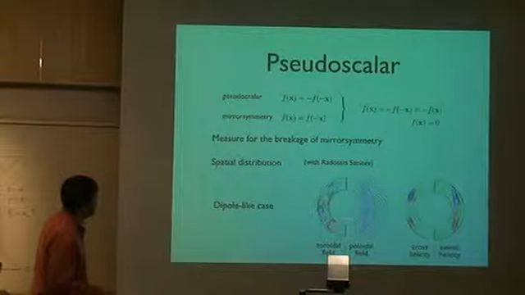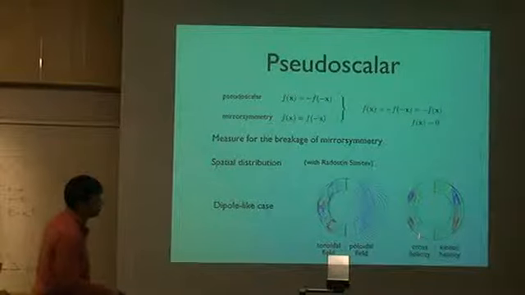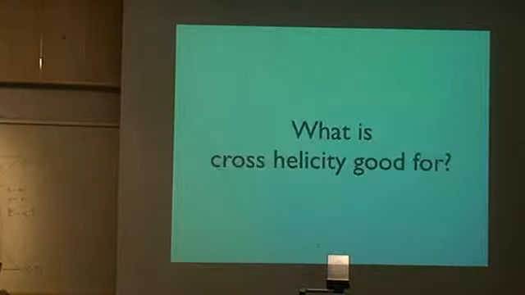In the case of a dipole-like magnetic field, we have an anti-symmetric spatial distribution of kinetic helicity and also cross helicity.